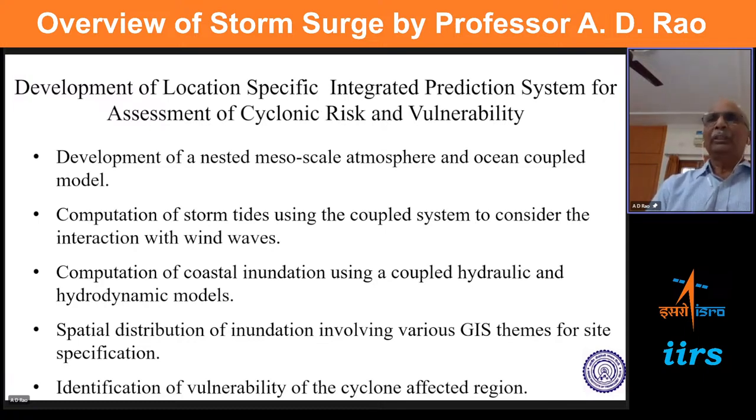But as of now, there is no atmospheric model which predicts the landfall and intensity of the cyclone accurately. So in absence of this, the distribution of the wind system is derived by parametric models. Right now we are not using any atmospheric model. Still, it is in the R&D mode.